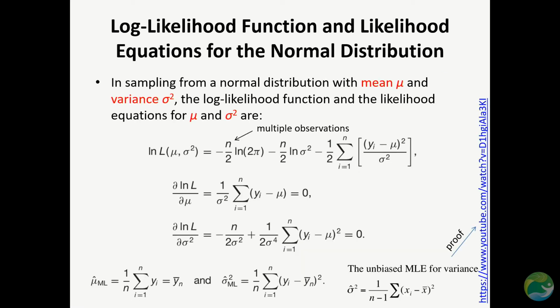So let's take a look at the log likelihood function and the likelihood function for a continuous variable. For example, a normal distribution, okay? So for a normal distribution with the two parameters mu and sigma, the log likelihood function and the likelihood function are this.